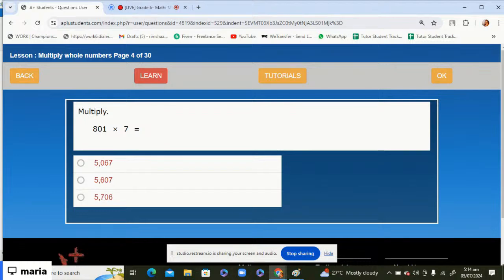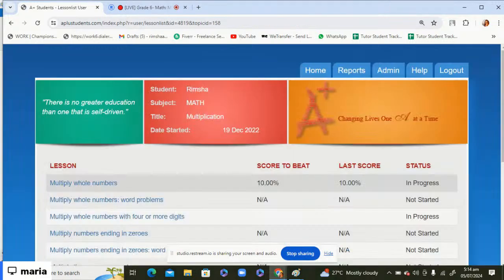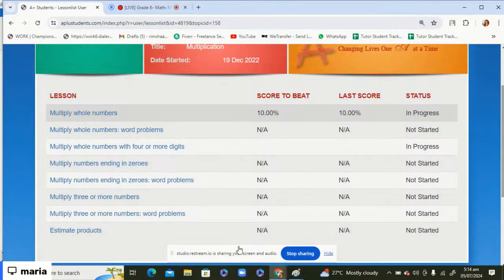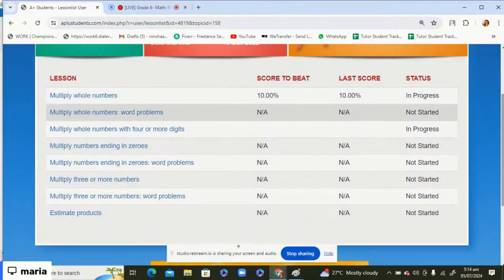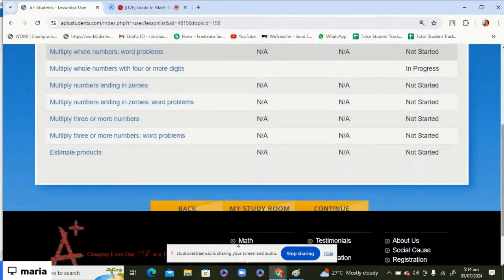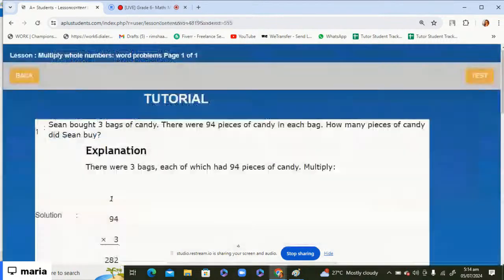So let's just discuss the next lesson. So here is multiply whole numbers word problem. Okay. So Scene bought 3 bags of candy. There were 94 pieces of candy in each bag. Okay. So how many pieces of candy did Scene buy?